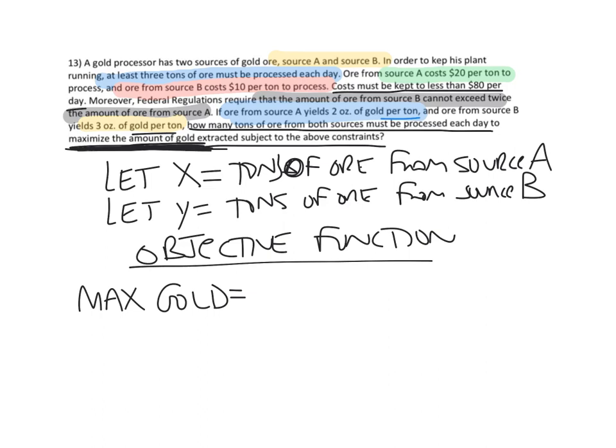Since X is the number of tons from source A, 2 ounces per ton would be 2X, and ore from source B, 3 ounces of gold per ton, so that's going to be 3Y. So that's going to be our objective function, 2X plus 3Y.